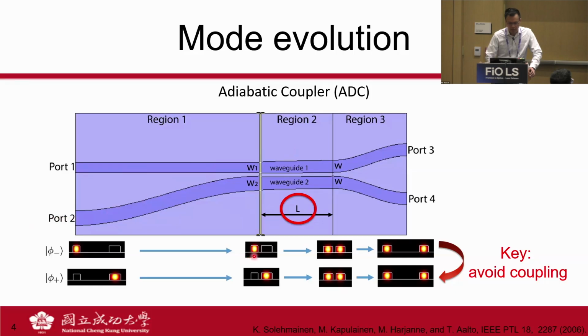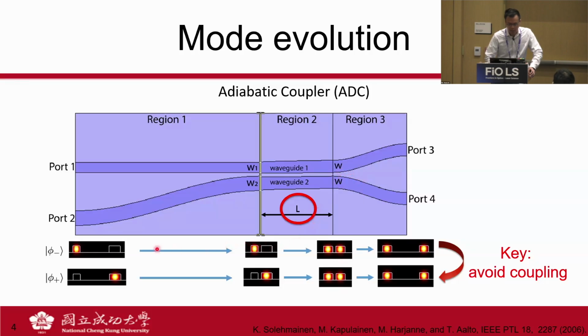So if light can evolve along one of these super modes, then at the end of the evolution region, if we set the widths of these two waveguides to be the same and again solve for the super modes, we get symmetric and antisymmetric super modes, which correspond to perfect 50-50 splitting between these two waveguides.